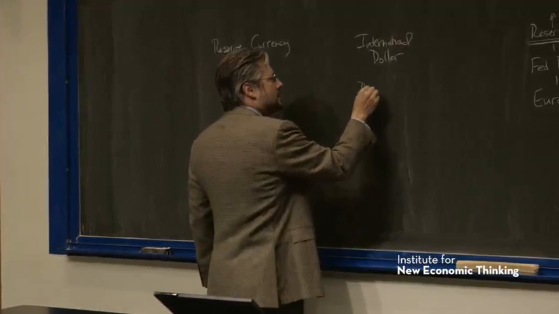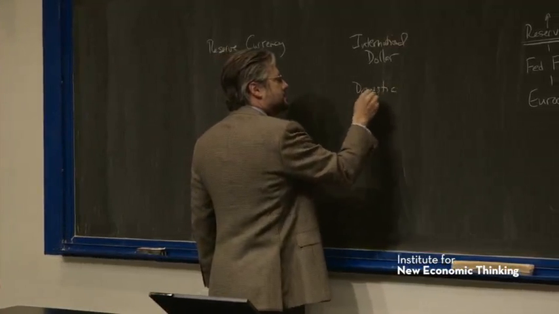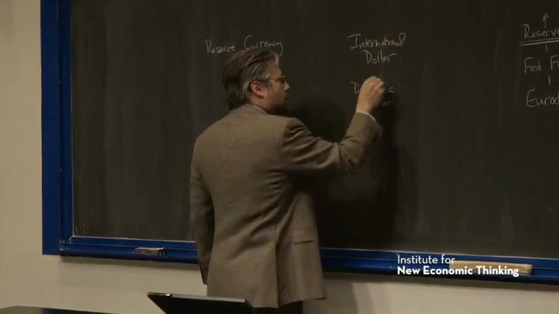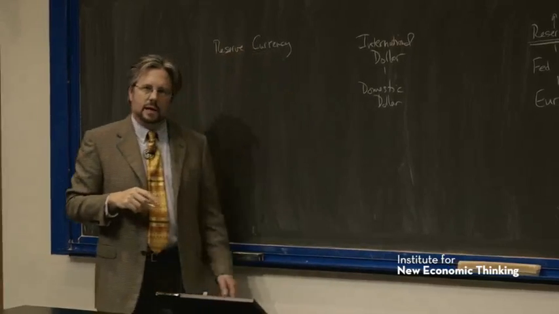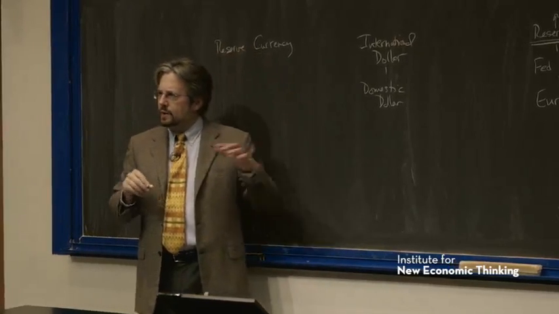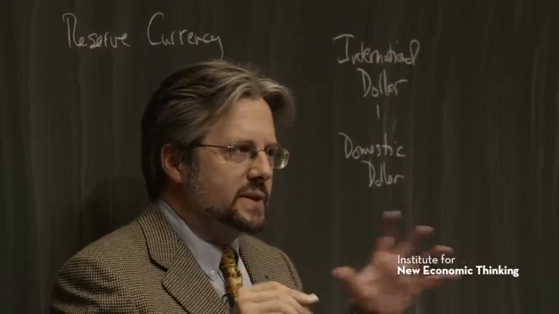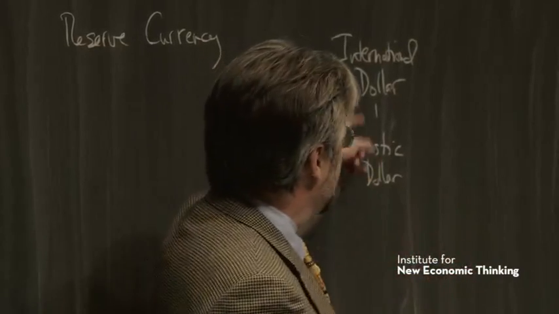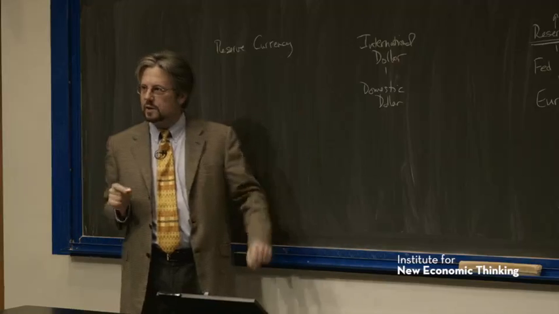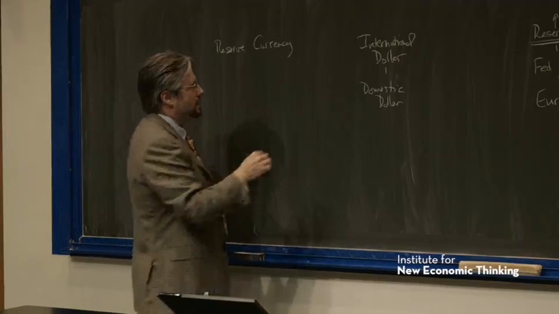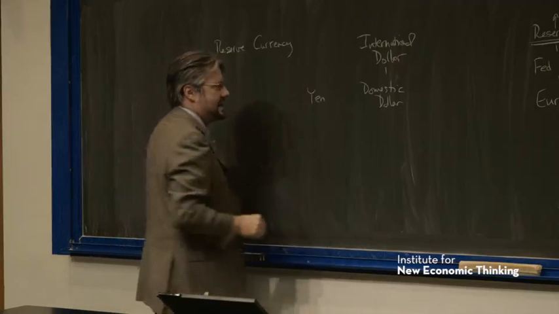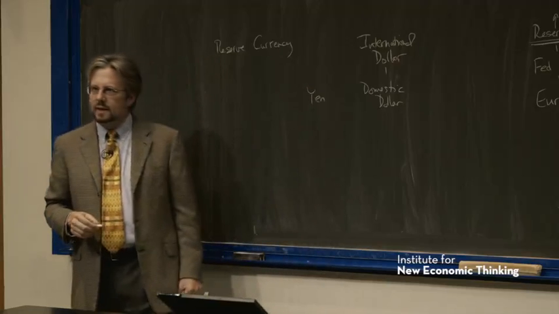There's the domestic dollar, which trades at par with the international dollar, although as you may remember, we looked during the crisis, there was some difficulty with that, and it turned out the interest rates had to move quite a bit in order to hold that par relationship. There's a key currency, the yen, which we just heard about, sort of in Asia.